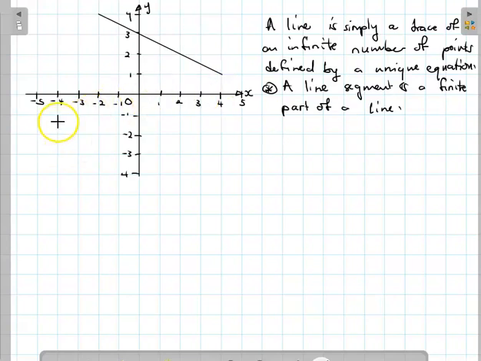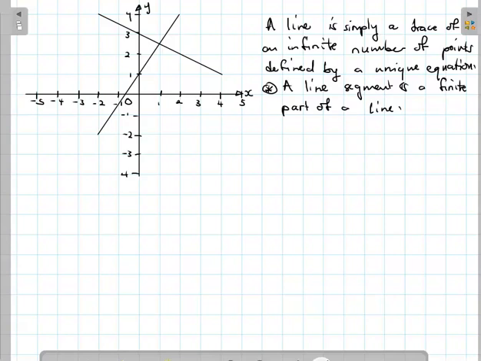I will draw another line, this one. All right, sorry about that.